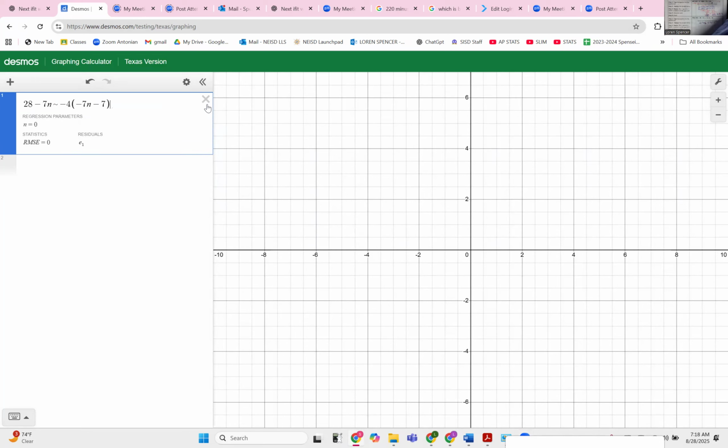Close those parentheses. Make sure I did that right. 28 minus 7n, negative 4, negative 7n minus 7. So I ended up getting 0 this time.